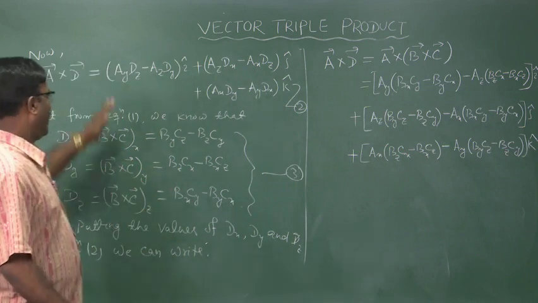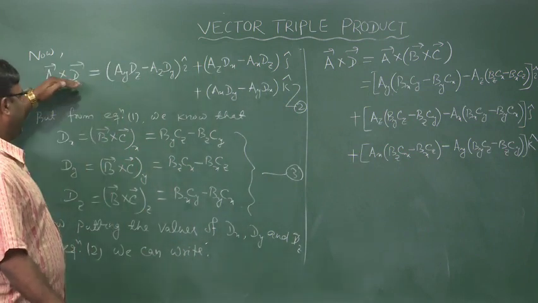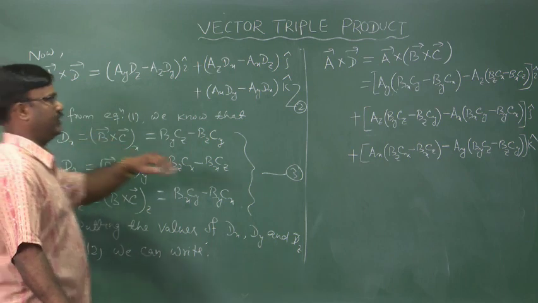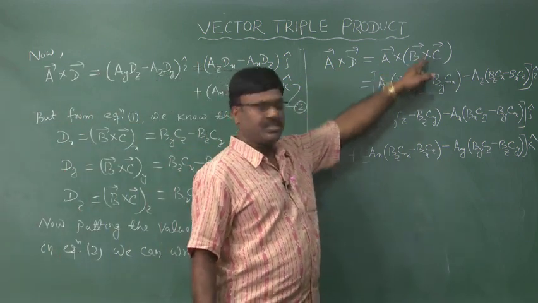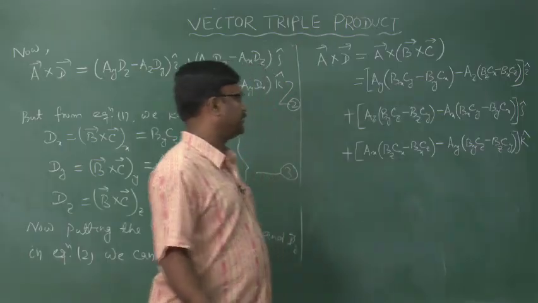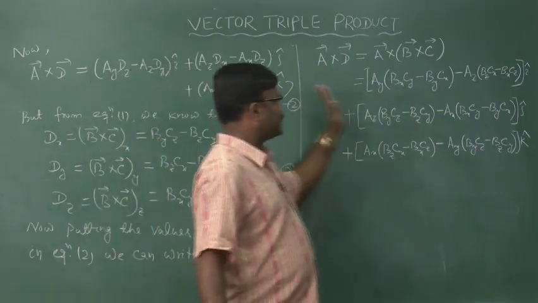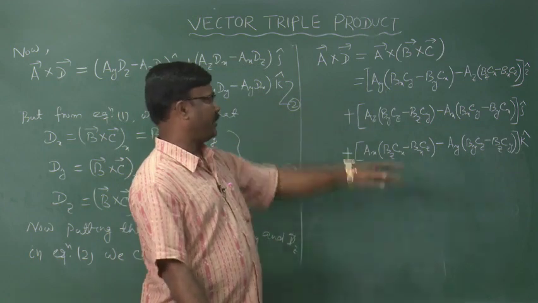Now we have expressed this A cross D vector in terms of A cross B cross C as this one. Now let us expand these terms.